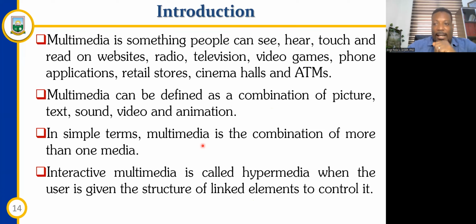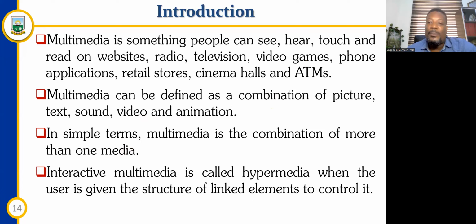These are hard copy designs that have been made. So the information delivered to users by digital or electronic means relates to multimedia. By digital, most of the time, every digital thing is something electronic. So in simple terms, multimedia is a combination of more than one media.